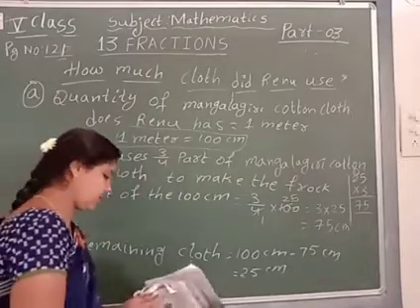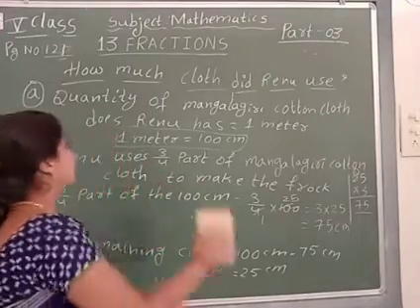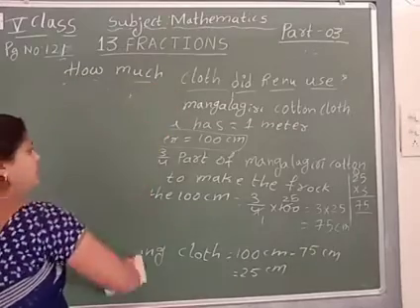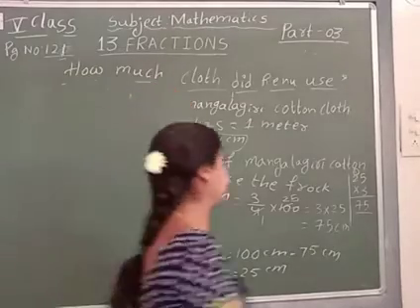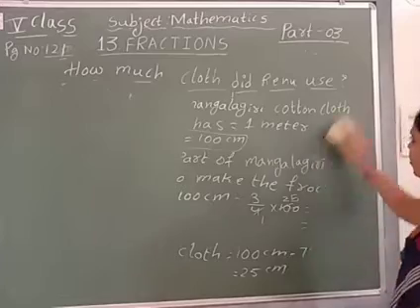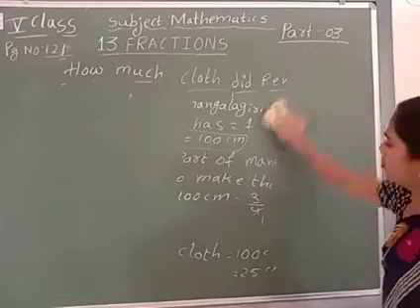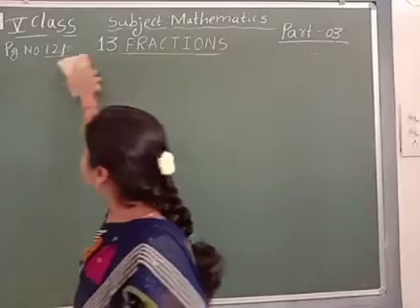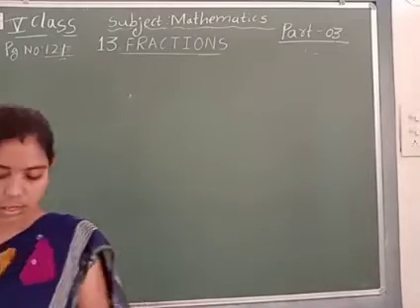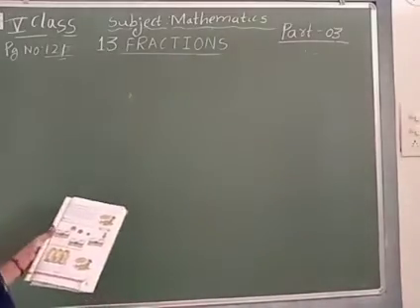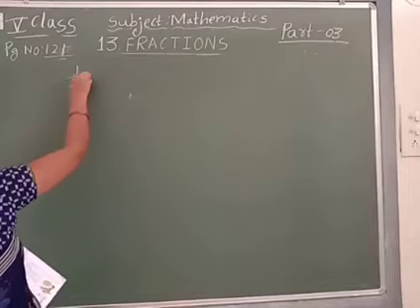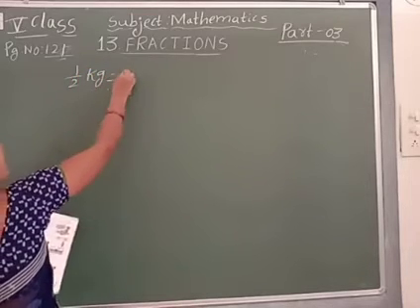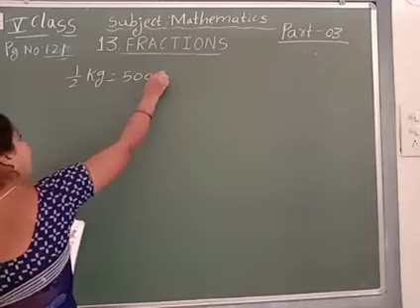So I am showing that. Balance pan, half kg. They are given half kg, so 500 grams. You will write there.